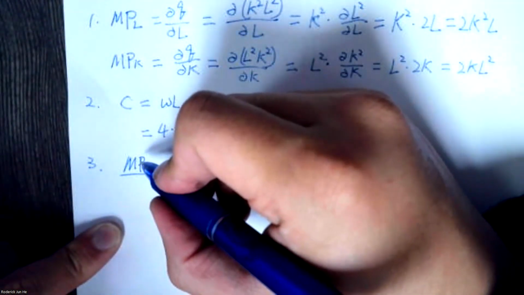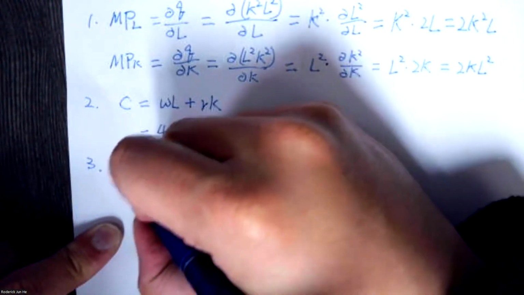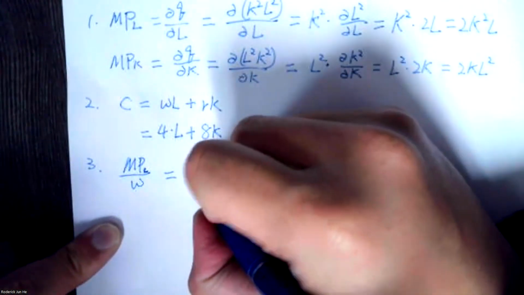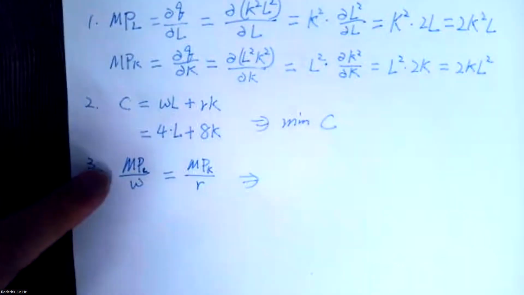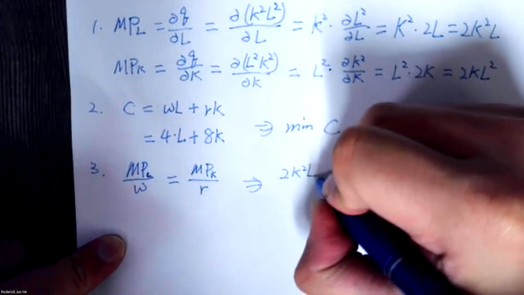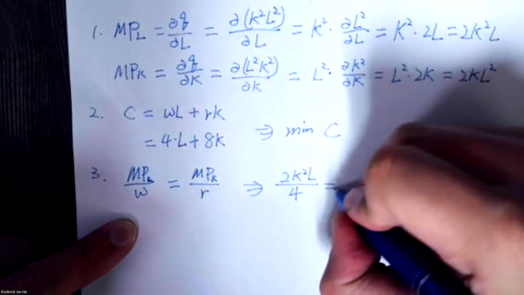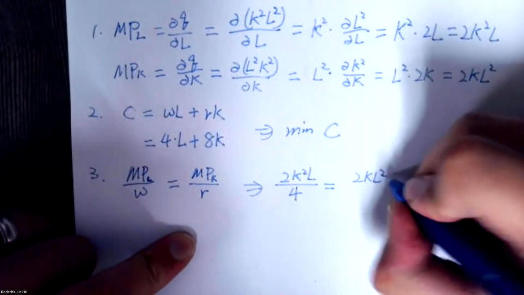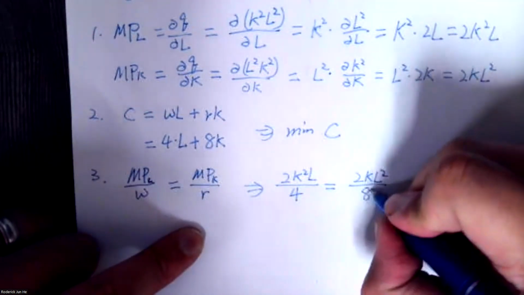So it's the marginal product of labor over the price of labor, which is W, equal to the marginal product of capital over the price of capital, which is rent. Then we replace them: the marginal product of labor, 2K squared L, over the wage, which is 4, equals the marginal product of capital, 2KL squared, over the rent, which is 8.